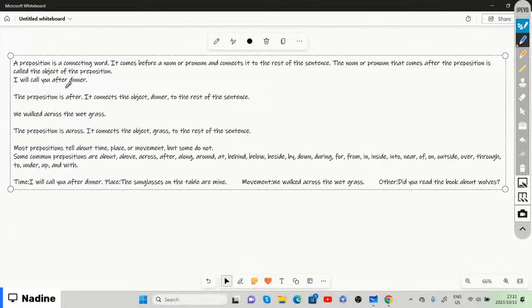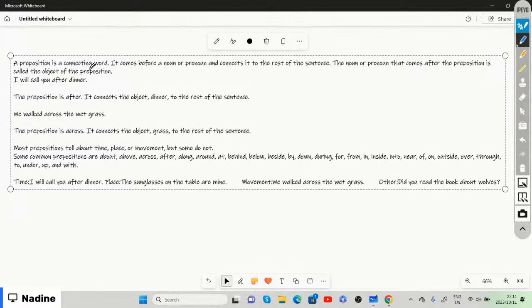All right, so we see once again that prepositions are connecting words. It connects the object to the rest of the sentence, and it comes before a noun or pronoun. That noun or pronoun we call the object.